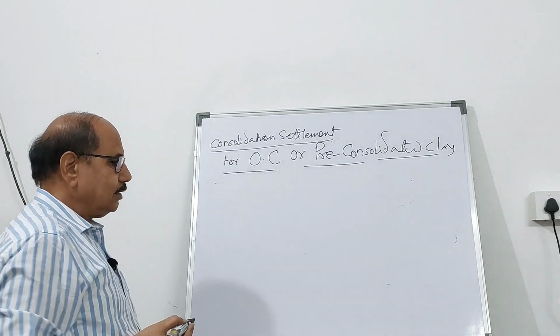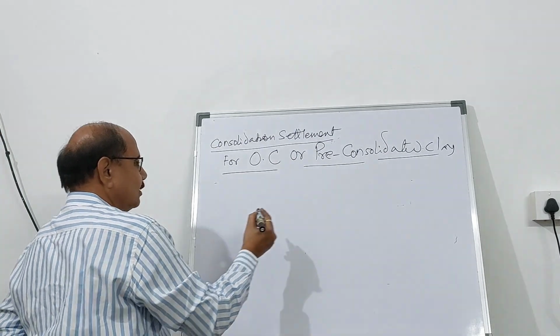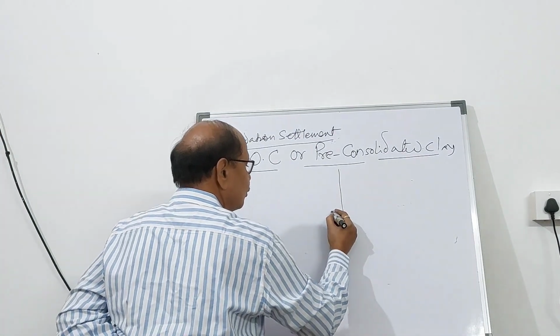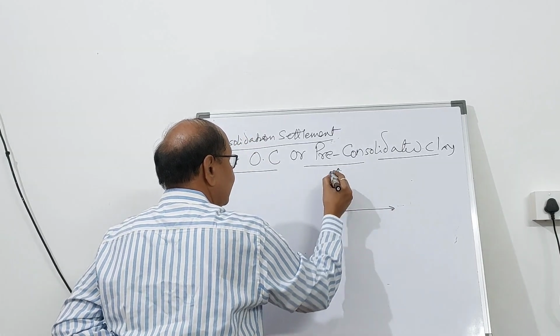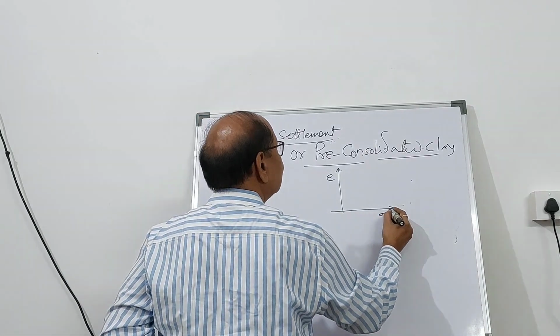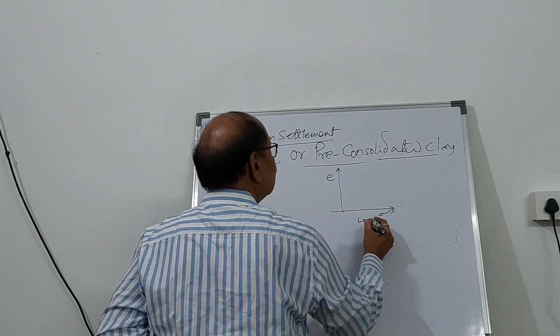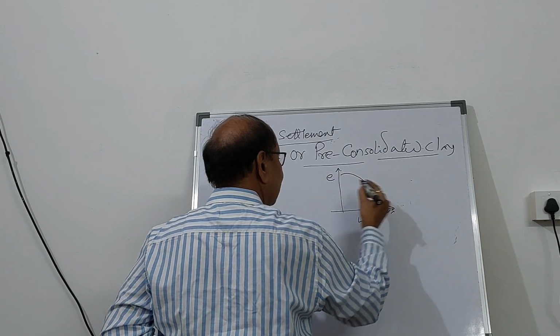Now here for OC clay, you know that when you are going to plot the void ratio on a semi-log paper, on a logarithmic scale, the nature is going to be like this.